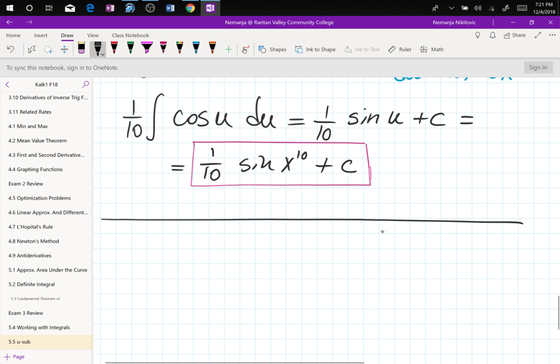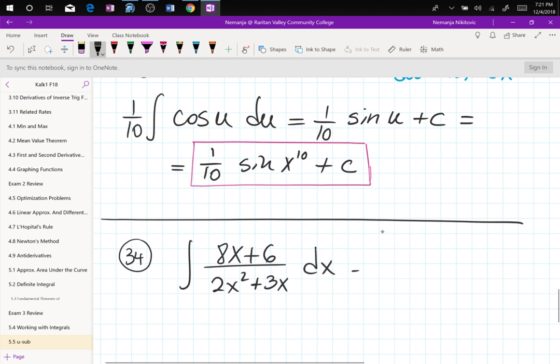Let's start with problem 34. Integral of 8x plus 6 divided by 2x squared plus 3x dx. So what is this equal to?